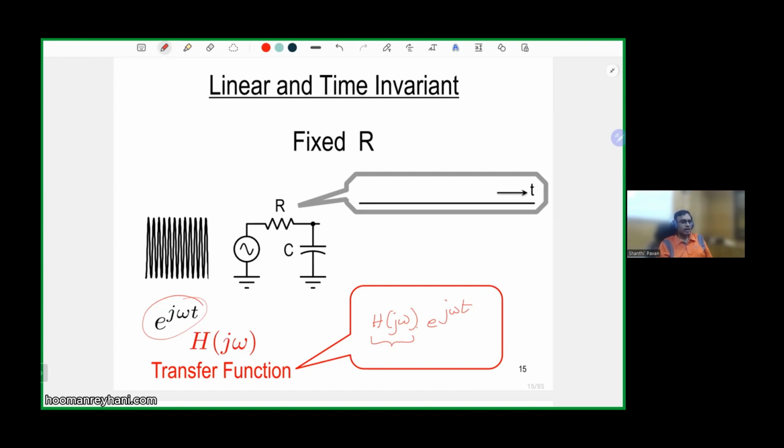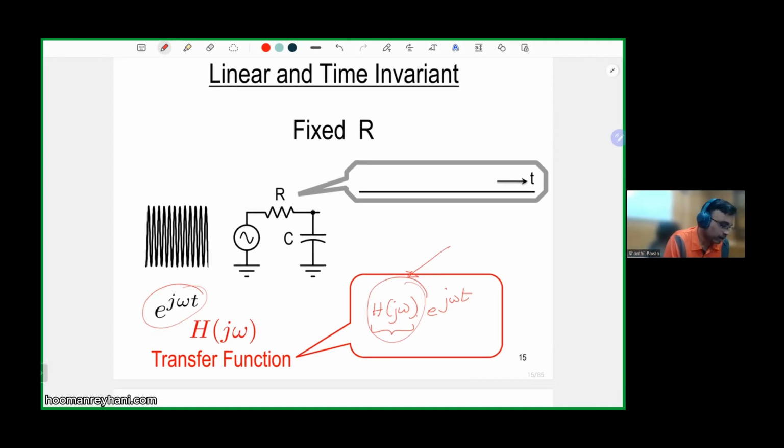And is the gain changing with time, or is the gain fixed with time? Yeah, the gain is not changing. And that makes sense because the system is not changing with time.